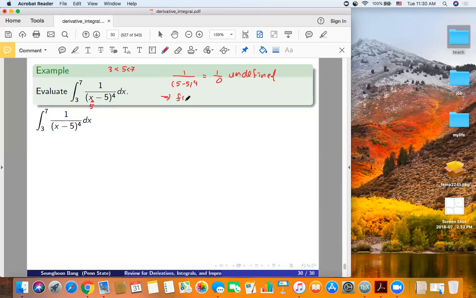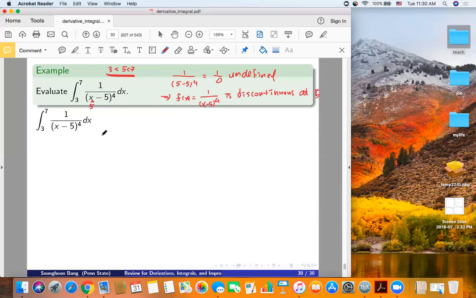So we know this one: the function f of x equals 1 over (x minus 5) to the power 4 is discontinuous at 5, and 5 is between 3 and 7. This is the whole idea.